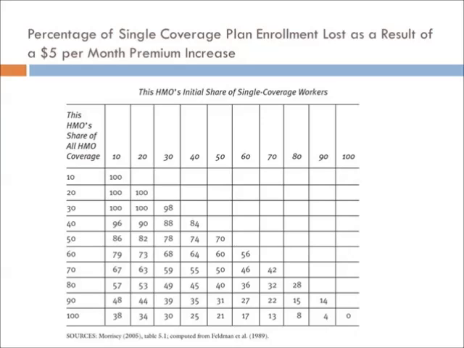As you move down the column, you can see that as an HMO becomes the dominant player in the business, they only lose enrollment to conventional plans, and they face declining competition from conventional plans. Thus, as you move across the row, the enrollment share declines are smaller and smaller.